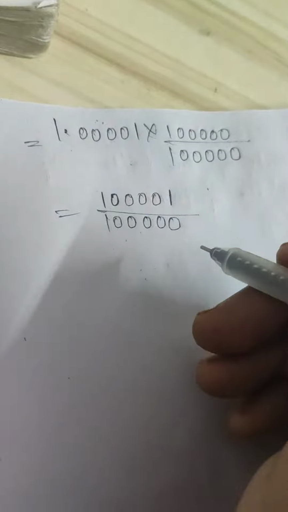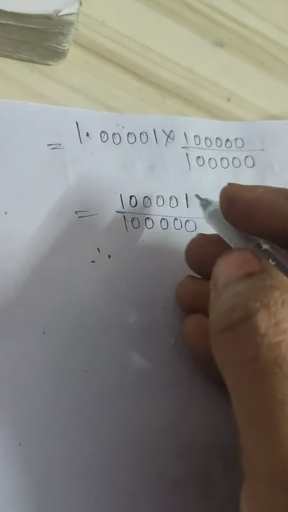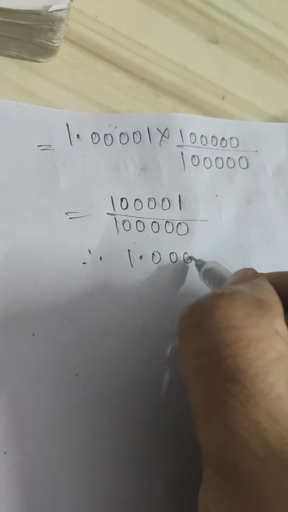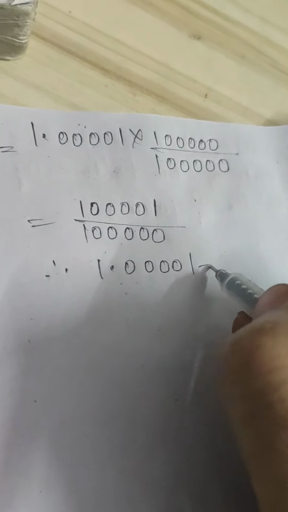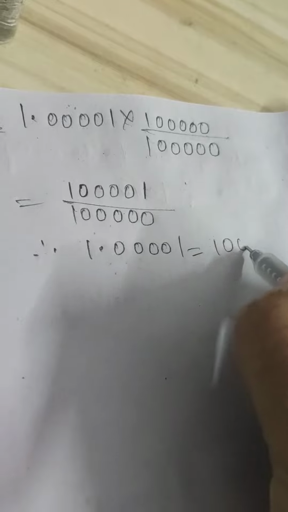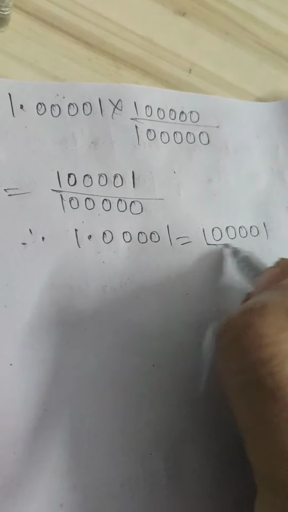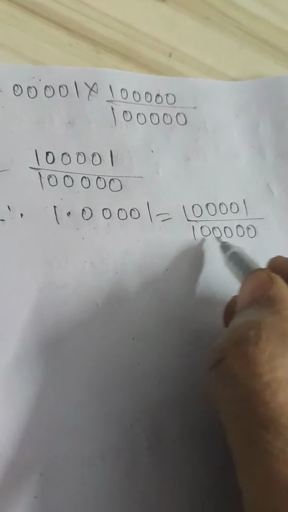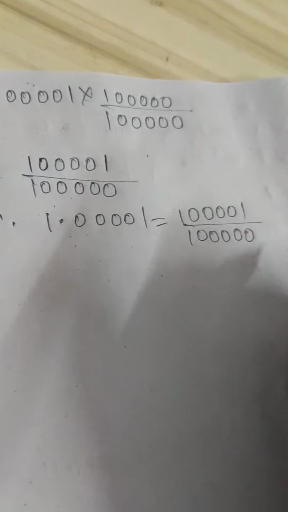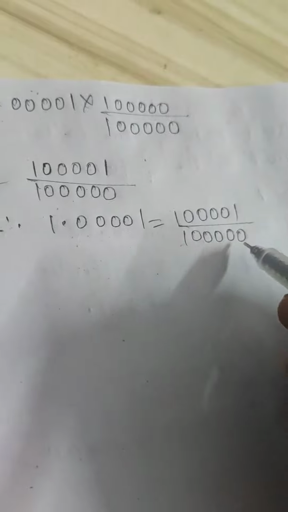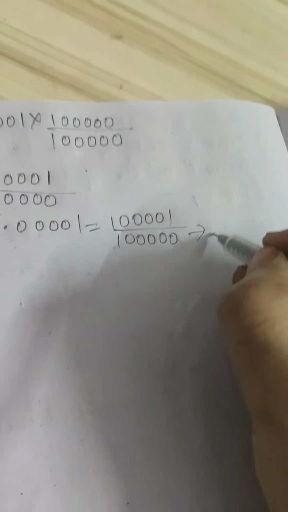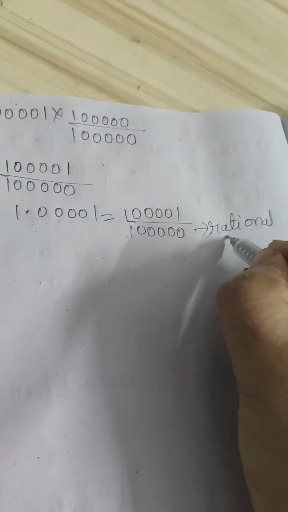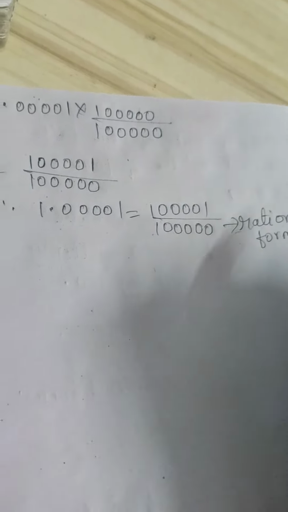This is the value we get. Therefore 1.00001 is equal to 100001 by 100000, that is 1 lakh 1 by 1 lakh. This is the rational form we get. We cannot minimize this number again. This is the final answer.